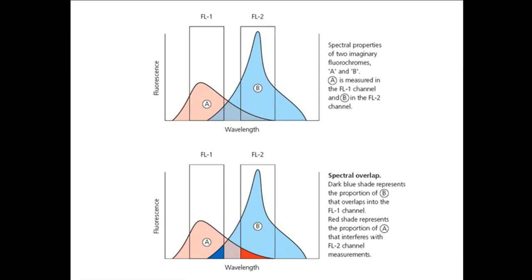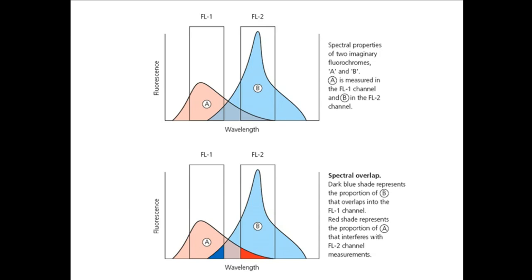My advice, folks, is to sit down with the notes and try and get it into your head, because this is a 5-mark question in the practical. You should be able to express the concept that compensation is the ability to account for spectral overlap. And then explain the concept that spectral overlap is when some of the fluorescence for a fluorochrome is detected by the wrong detector.